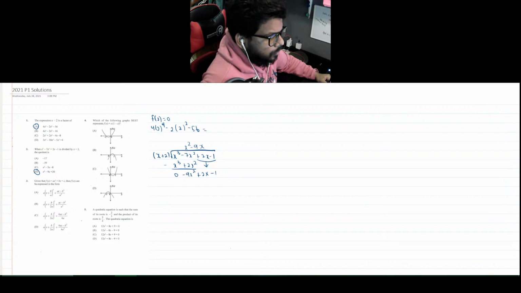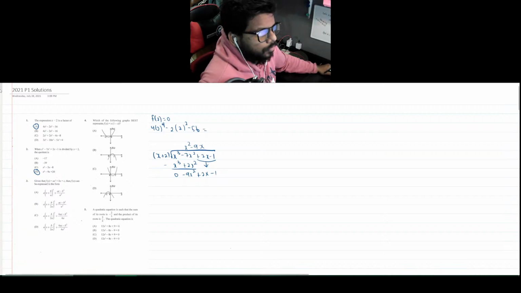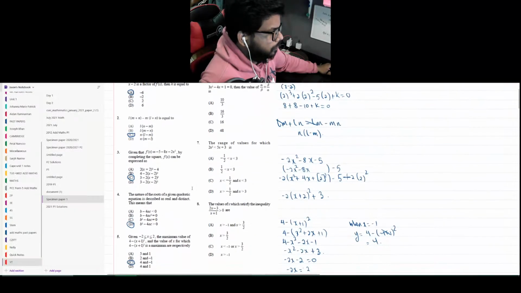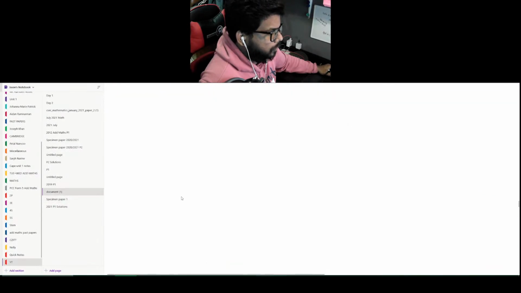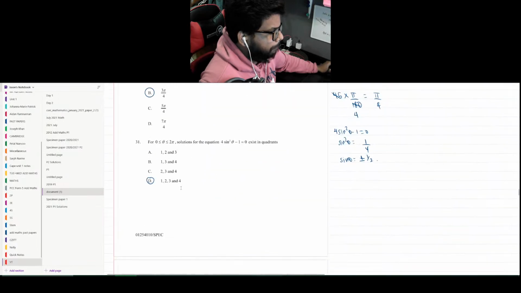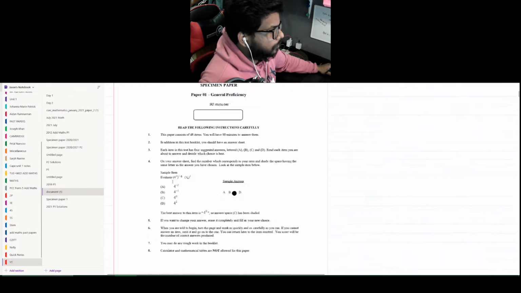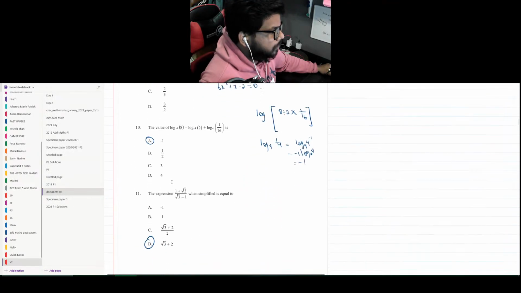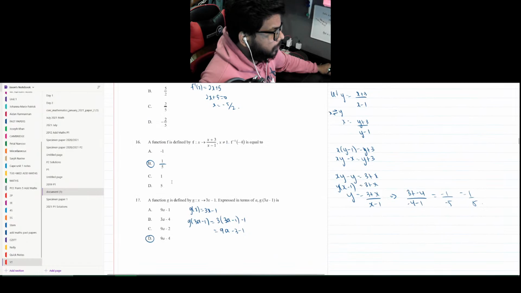Given that so-and-so can be expressed in the form, we did a question exactly like this. To check, we will just go back. I think it is in this one here. Was it in this paper?